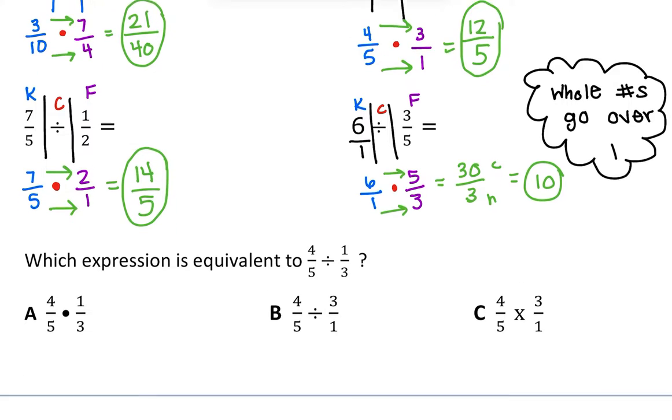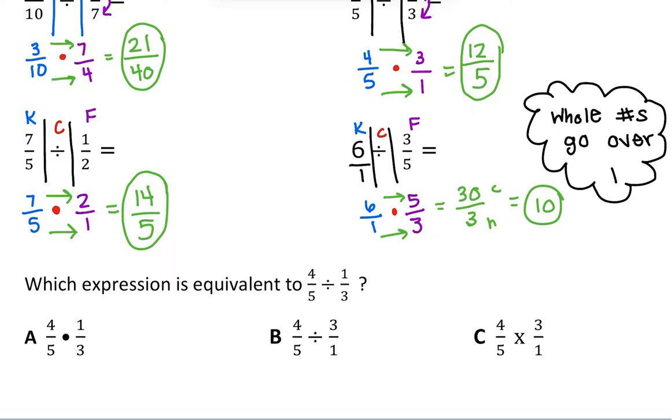All right, last one. So we actually have some answer choices. It says, which expression is equivalent to 4 over 5 divided by 1/3? So my keyword there is equivalent. Equivalent means equal. And I have a dividing fractions problem. So if we look at A, I have multiplication, B has division, C has multiplication.